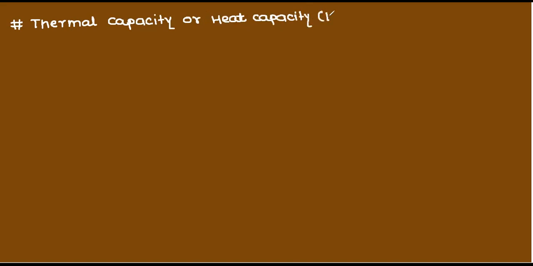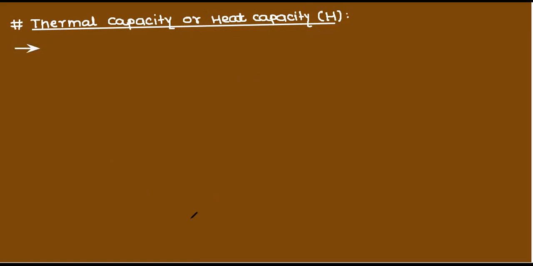And it is denoted by capital H. Thermal capacity is denoted by capital H. So how can you define this thermal capacity or heat capacity? Let's see its definition.